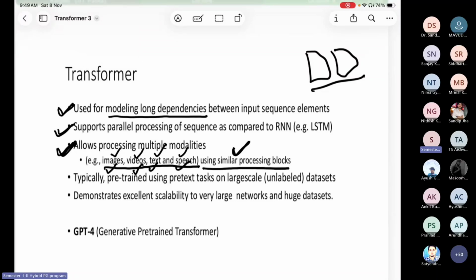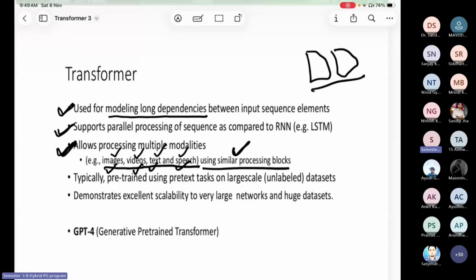Previously we were not able to do this. Suppose you are solving image classification, then you use a 2D image and apply a CNN. If you are solving a text-based problem, then you were using RNN or LSTM, which took the input in a particular shape.